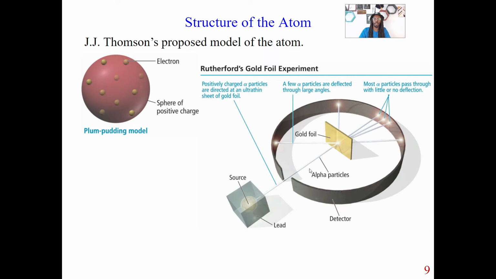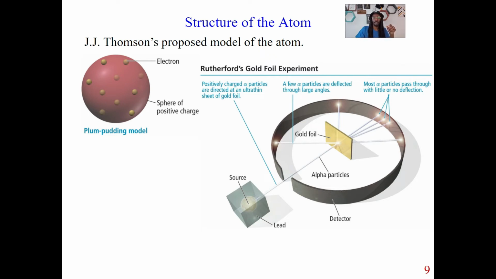The gold foil, which is directly in the middle, is being shot by this source. And surrounding this gold foil is a detector. This detector is key, because this is how we're going to detect where that source is going to go. Is it going straight through, or is it going to be bounced off?